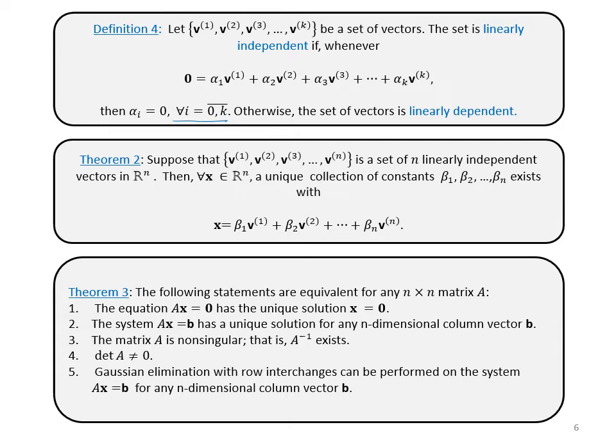Next theorem is the following. Suppose that v1, v2, vn is a set of n linearly independent vectors in n-dimensional real-valued space. Then, for any x from n-dimensional real-valued space, a unique collection of constants beta 1, beta n exists with the following property: vector x is a linear combination of these vectors v and constants beta.